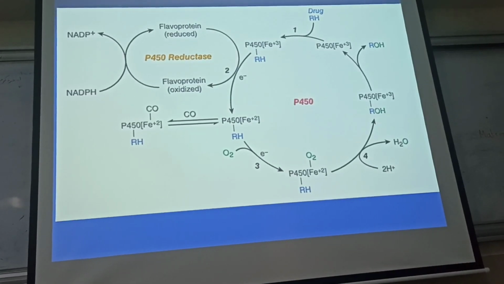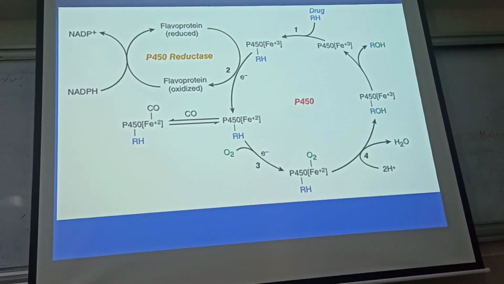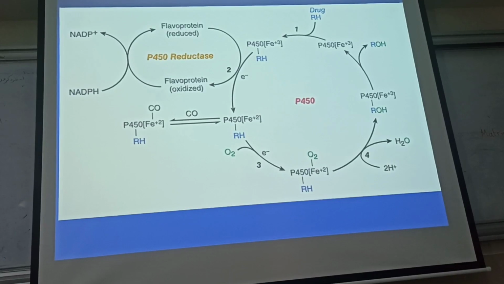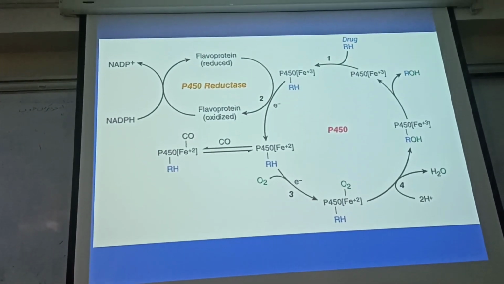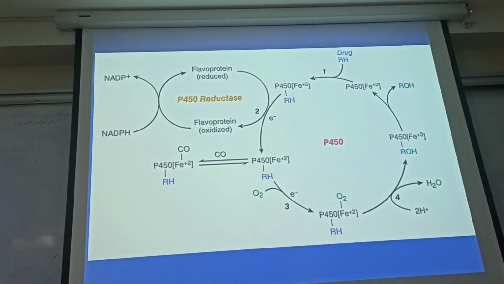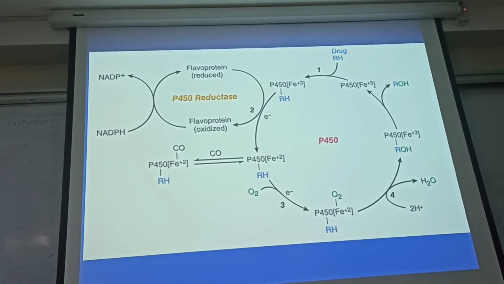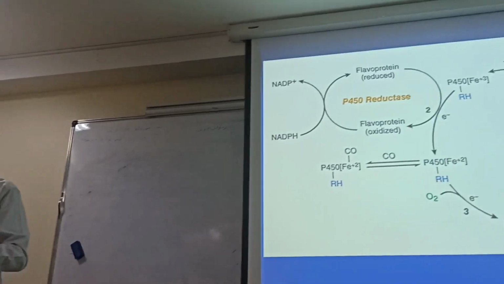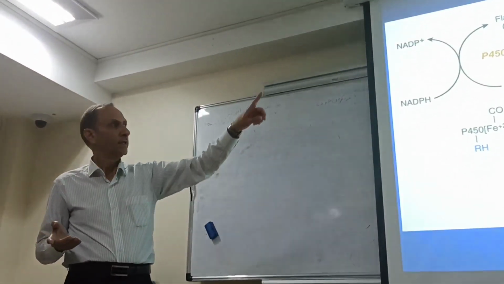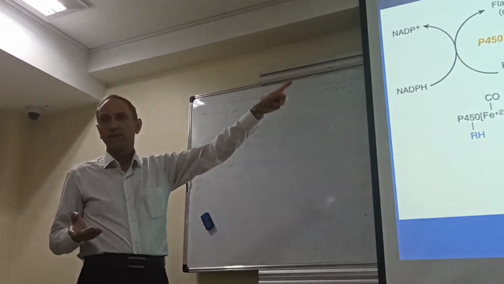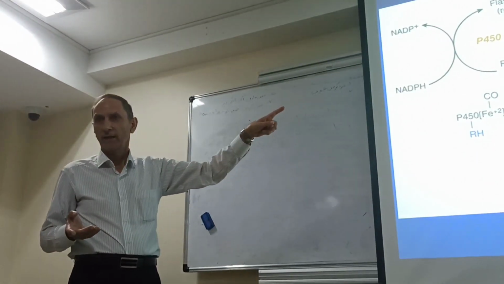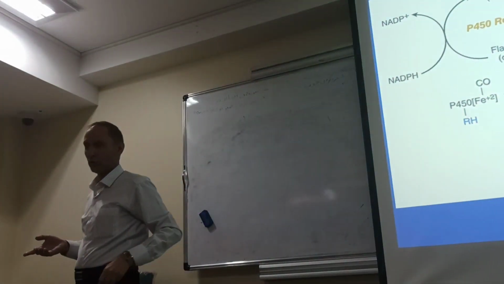Here you see how cytochromes act, how a drug, which is RH, is converted to ROH, and how a polar group like OH is produced on a molecule. We have the cycle and the activity of cytochromes.